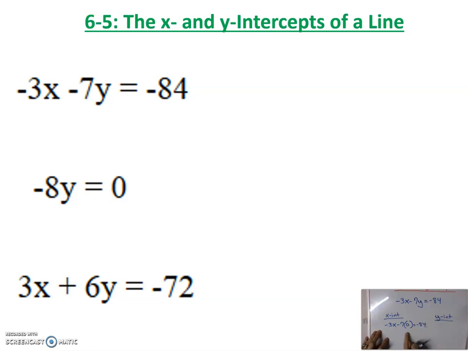And the reason why I put parentheses around this, you guys, is just to tell you that you need to multiply. This is 7 times y. So if I substitute 0 for y, it's going to be 7 times 0. And now I'm just going to simplify. Negative 3x, negative 7 times 0 just cancels out, and that gives me negative 84.